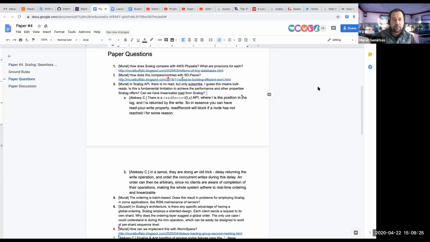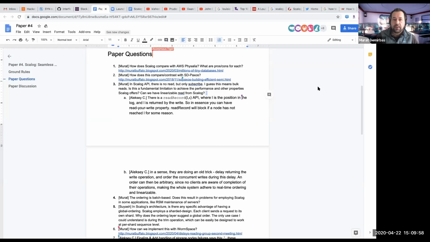So SD Paxos also divorces the replication from ordering, and similar to Scalog, SD Paxos does the replication first and provides the ordering later. So I think they are a similar idea, but SD Paxos is in the consensus domain, and it's a consensus protocol, whereas this is assuming consensus in the coordinator, in the ordering layer, and provides sharded logs on top of that.